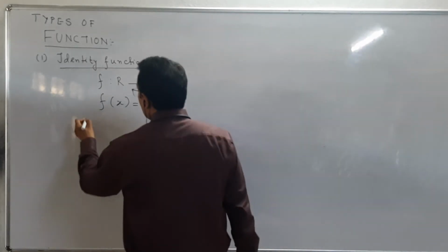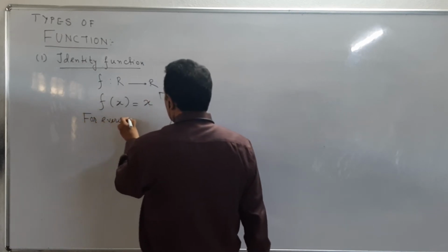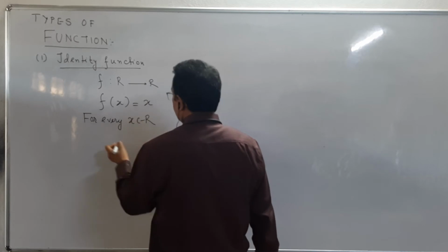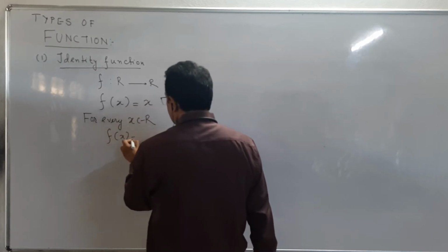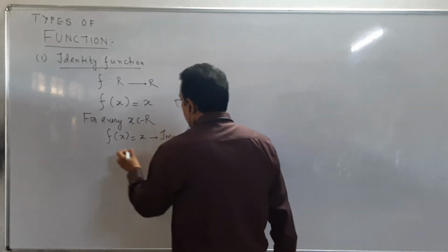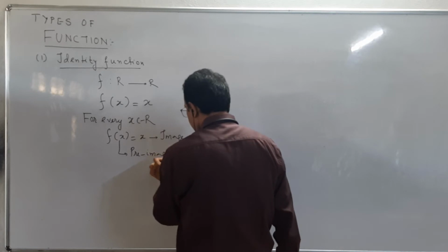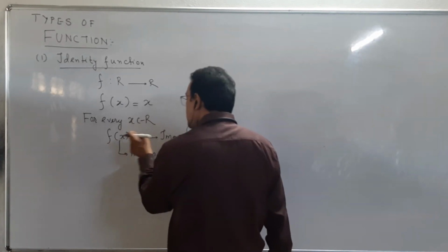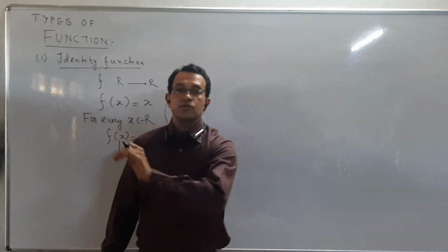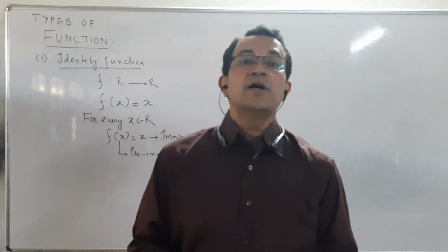It means for every x belonging to R, f of x is x, means image as well as pre-image are same. Image of x under the function f is also x. So if I write x as 1, f of 1 will be 1.